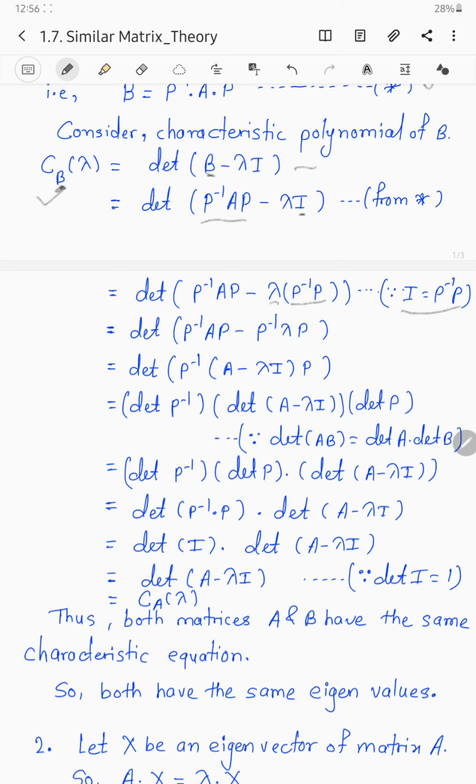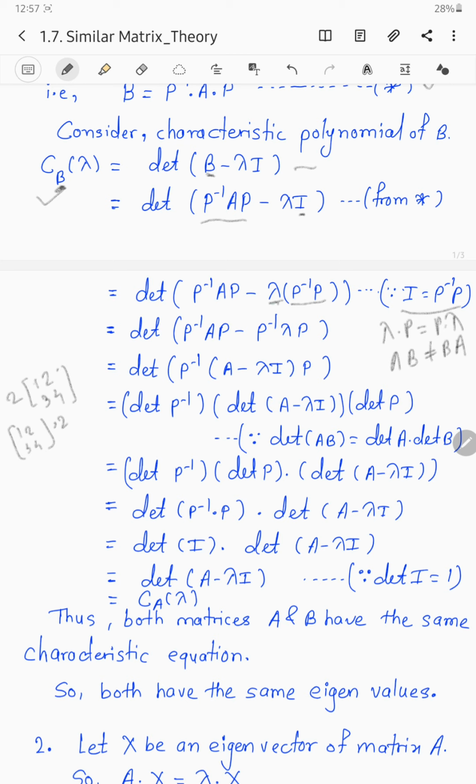Now lambda is a scalar value and P is a matrix. So we know that lambda into P is nothing but P into lambda. This is not true for matrices. For matrices, AB is not equal to BA, but if there is some scalar value, suppose 2, multiplied to some matrix 1, 2, 3, 4, this is the same as 1, 2, 3, 4 multiplied by 2.